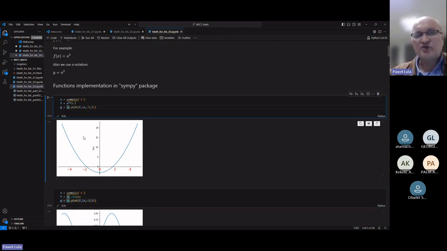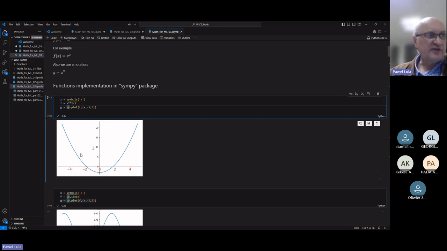A function is a description of the relationship between variable x, which is represented by this horizontal line, and value y, which is represented by this vertical line. The description is here, and the graphical presentation of this description of this relationship we can see here. And we see that for every input value, input values being represented by the x-axis, we have one output value.